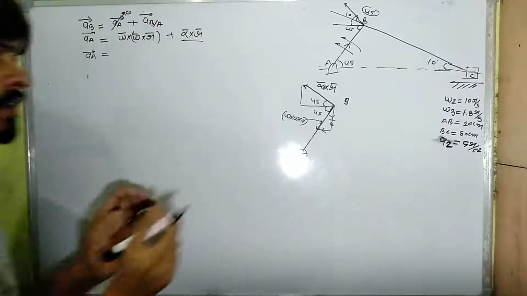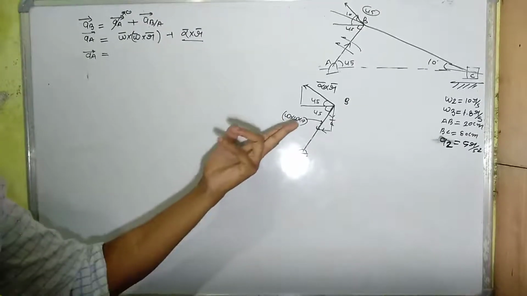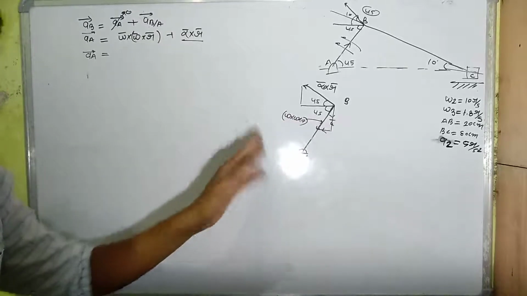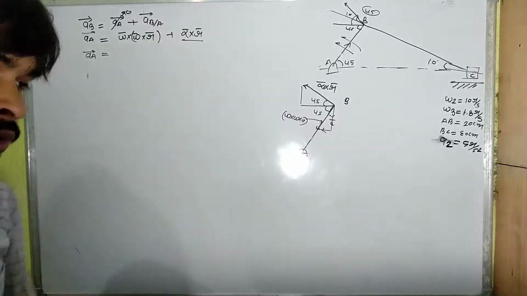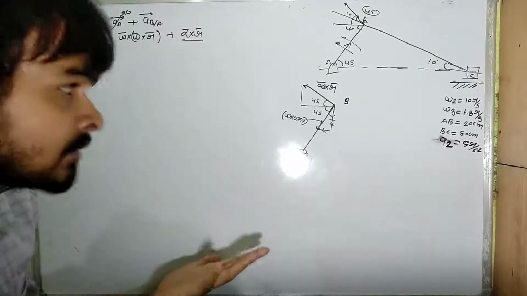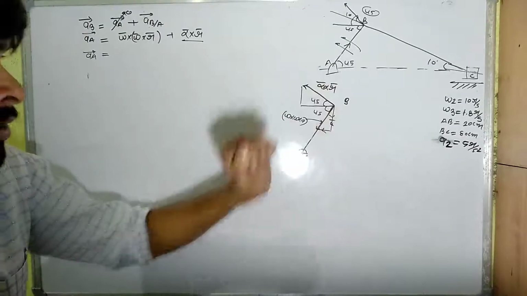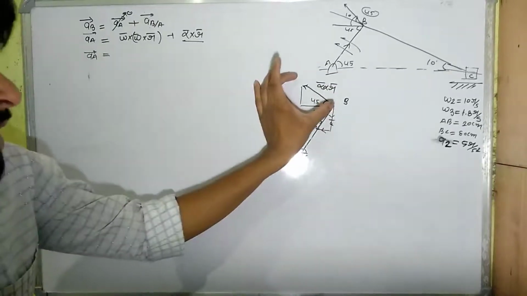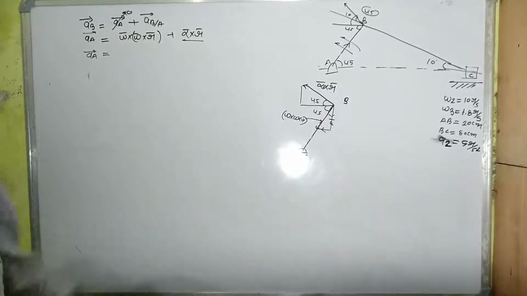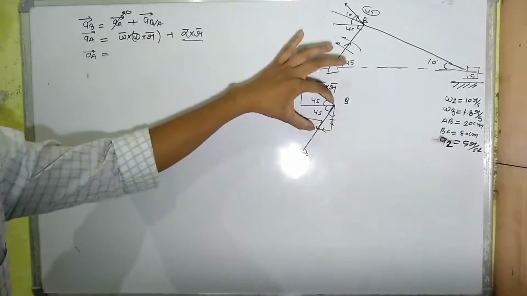Look here, how can you get the direction from a cross product? I have told you many times, I am not going to tell you again and again. So the omega cross r direction will be this, and the alpha cross r direction will be this. This is the magnitude of alpha cross r, and omega cross r has this much magnitude.